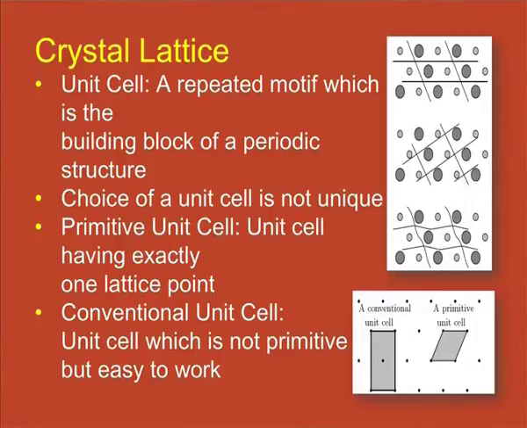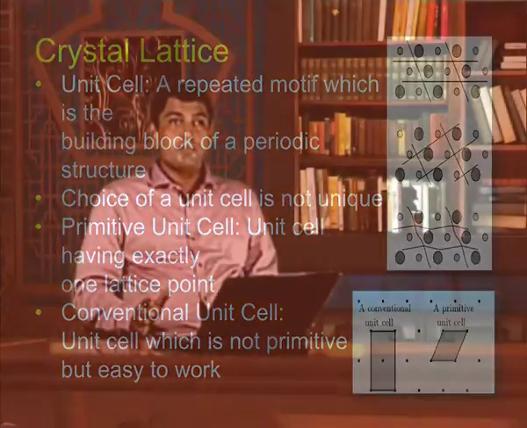Now the next definition is of primitive unit cell. It is a unit cell having exactly one lattice point. And now the next definition is for conventional unit cell, which is a unit cell which is not primitive but easy to work with. So most of the time we will use the conventional unit cell to define the lattice structure.